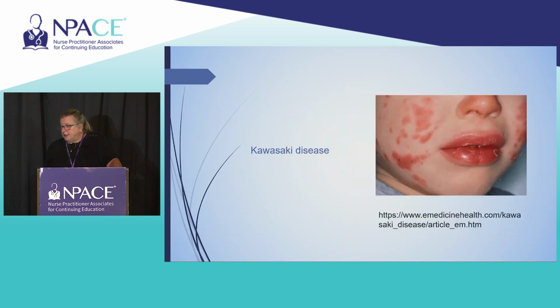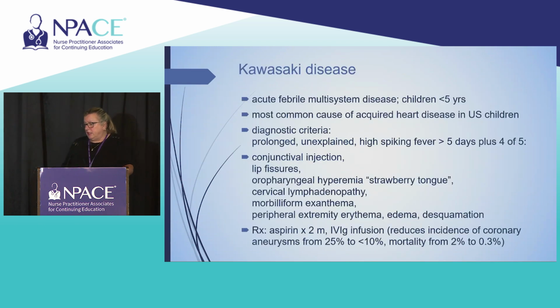And Kawasaki's disease, we've talked a lot about in this era of COVID. Kawasaki's disease is a multi-system disorder that will affect children under 5, but it presents with a very dramatic high spiking fever that will last for 4 or 5 days. So the kids are really sick.